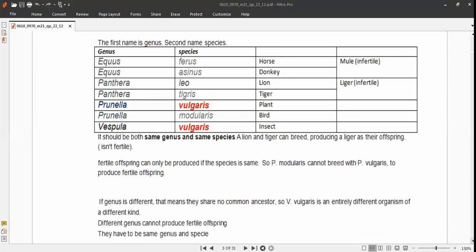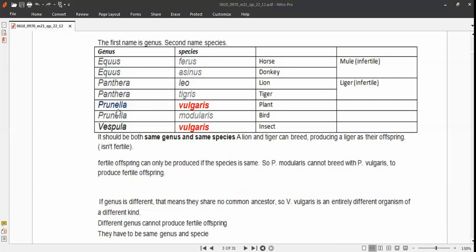If the genus is different, that means they share no common ancestor. So Vespiola vulgaris is an entirely different organism of a different kind. So a different genus cannot produce fertile offspring. They have to be the same genus and the same species.